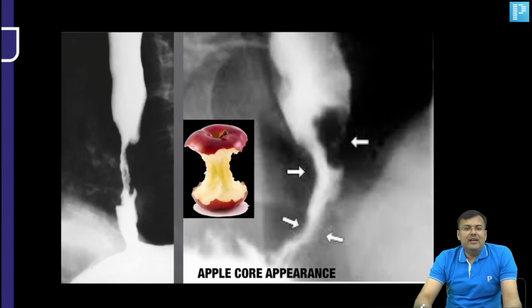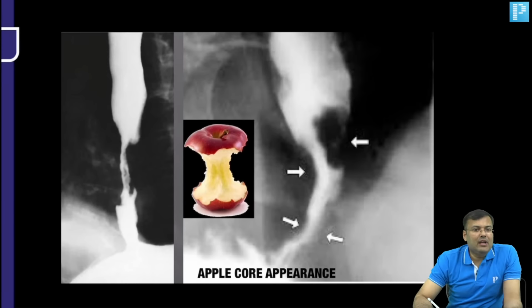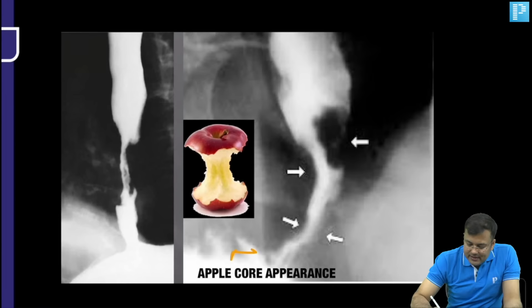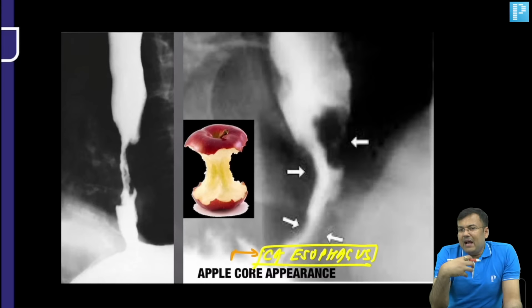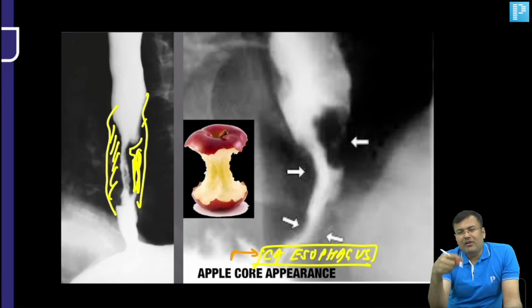Next, easiest question, this is barium swallow, and on the barium swallow what is this appearance guys? What is the name? This is apple core appearance. All of you know that this apple core appearance on barium swallow is seen in carcinoma esophagus. One easy question I am going to ask: this is the tumor, only the center part of the lumen is patent, so you can see the flow of barium.